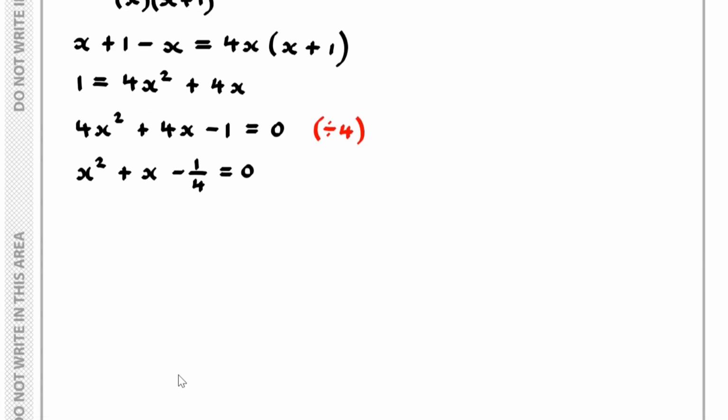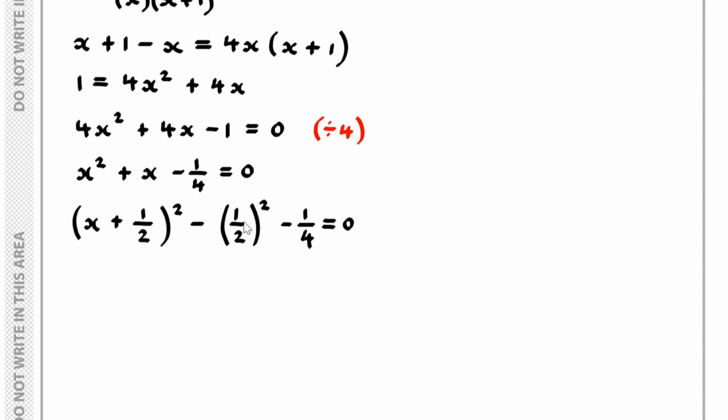So now we can complete the square. And if I complete the square, I have x plus 1/2 all squared, and then I'm still subtracting this 1/4. And the result of this, 0.